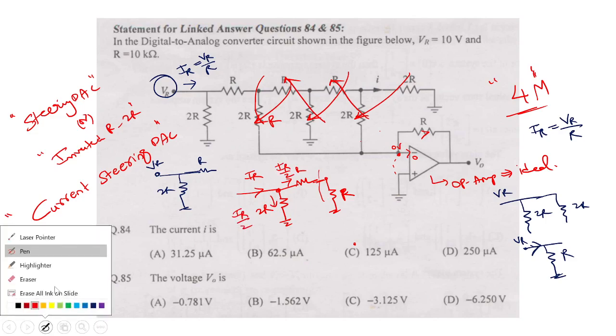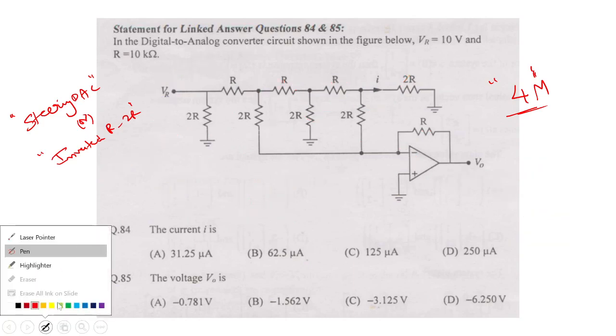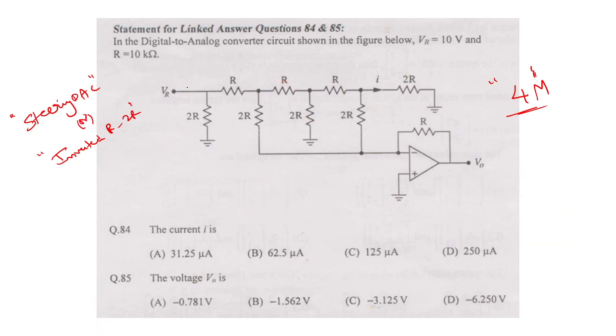If I erase all the ink, this is IR, equal to VR by R, and this is going to be IR by 2, and this is going to be IR by 2. If we do the same iteration, this is going to be IR by 4, because IR by 2 divides equally here as this also sees 2R.